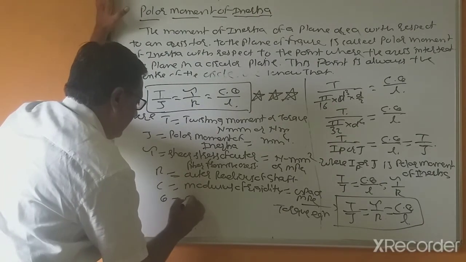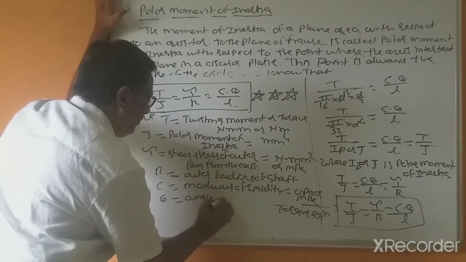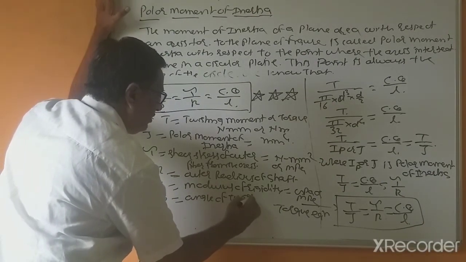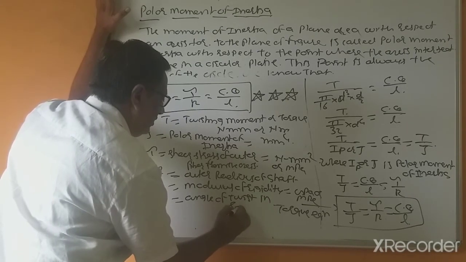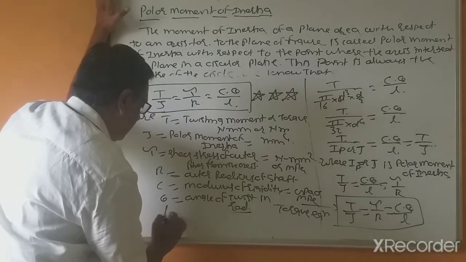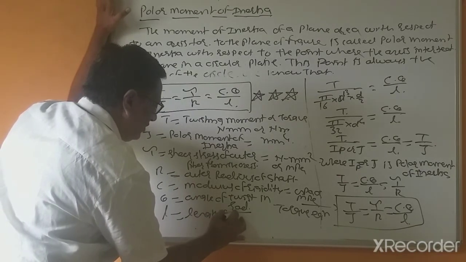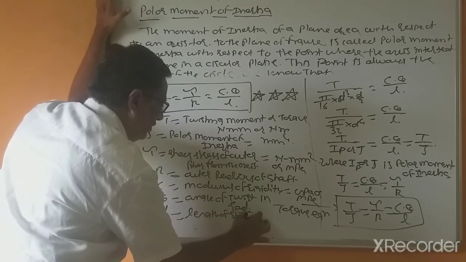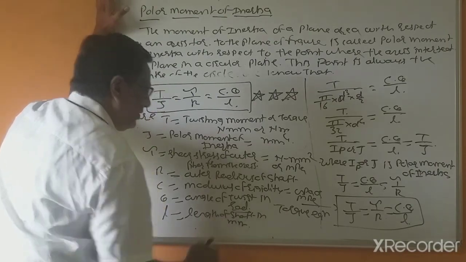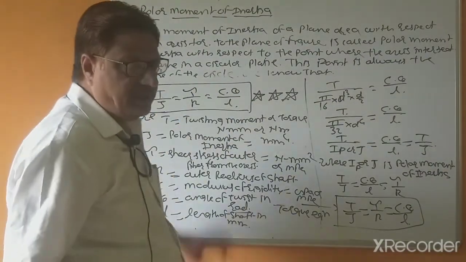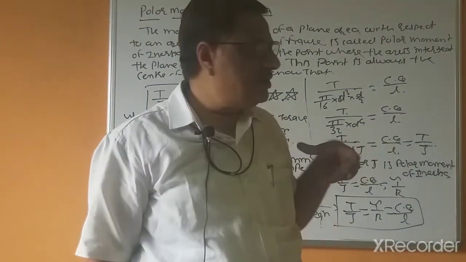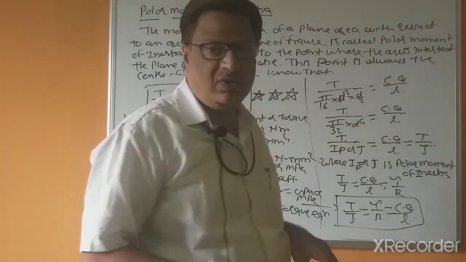Theta is the angle of twist in radian, and L is the length of shaft in mm.